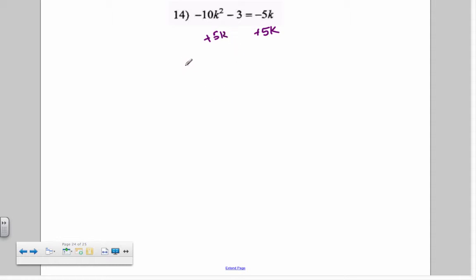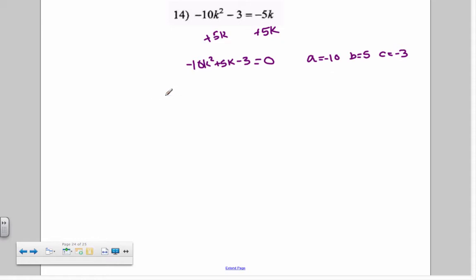And when I do that, I'll get negative 10k squared. And I'm going to write this in standard form right away. So I'm going to put that plus 5k right in the middle, and then minus 3. So I have a, b, and c. And that should equal 0. So my a is negative 10, my b is 5, and my c is negative 3.